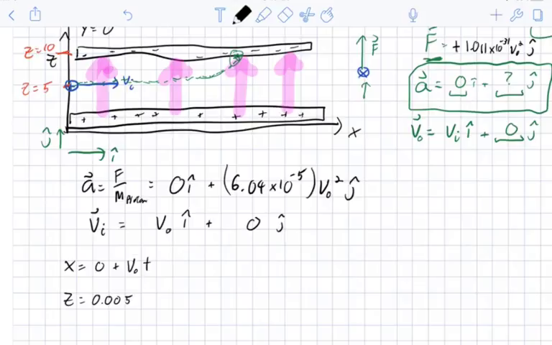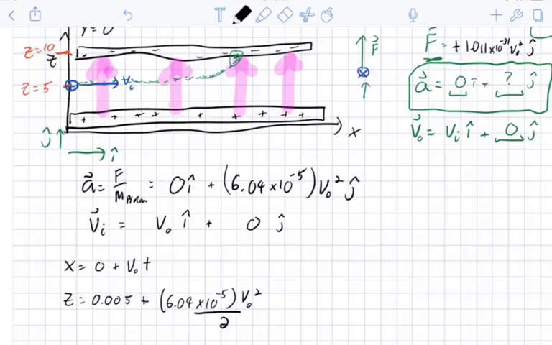And the z direction has no initial velocity, but it does have acceleration in the upwards direction: 6.04 times 10 to the minus 5 v naught squared j hat over 2.